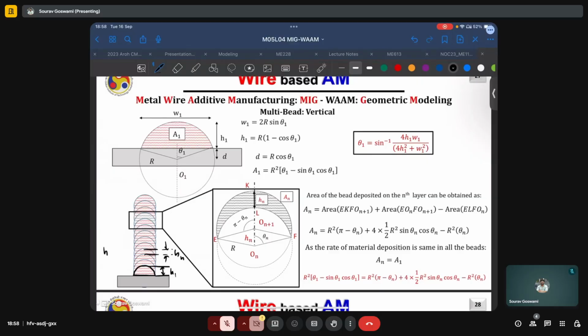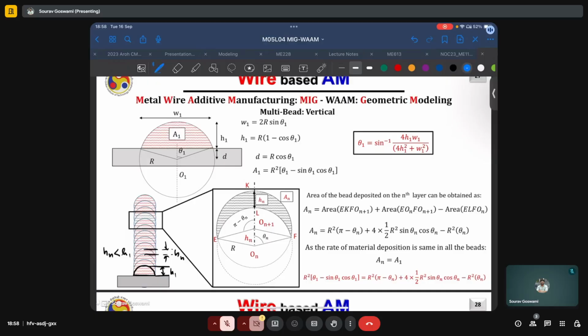You can see that hn will generally be smaller than h1, and thus it is very important to find what will be the height of these beads deposited far away from the substrate. It is reasonable to assume that for the same process parameters, the height of these various layers will be the same, just that they will be different from the very first layer which got deposited.